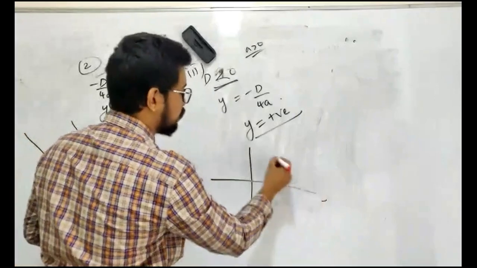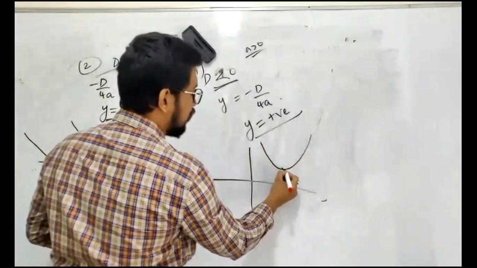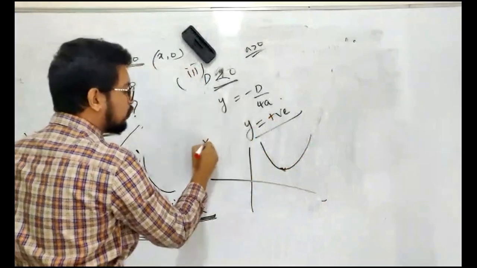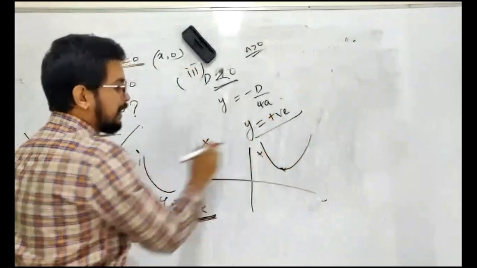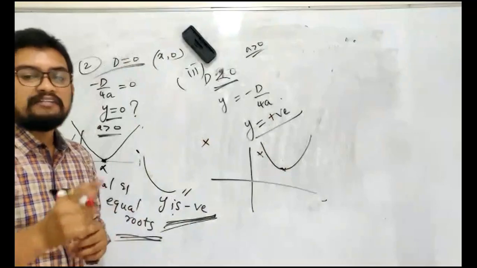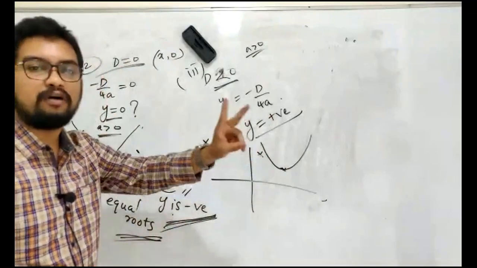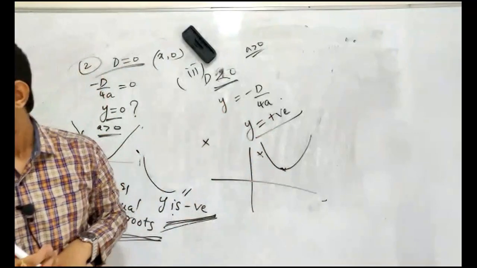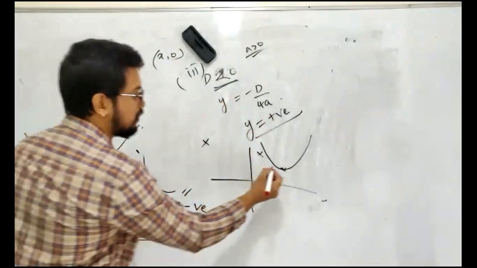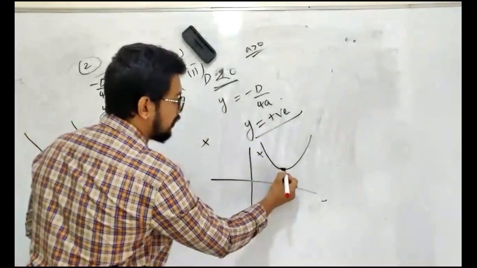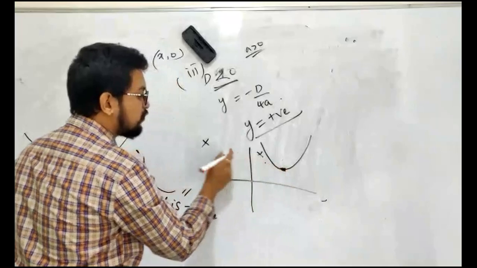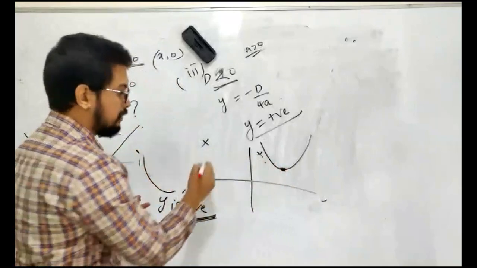What if the y coordinate is positive? It must lie in one of these parts, the first quadrant or the second quadrant. Since the y coordinate is positive, the vertex must be in the first or second quadrant, somewhere here.